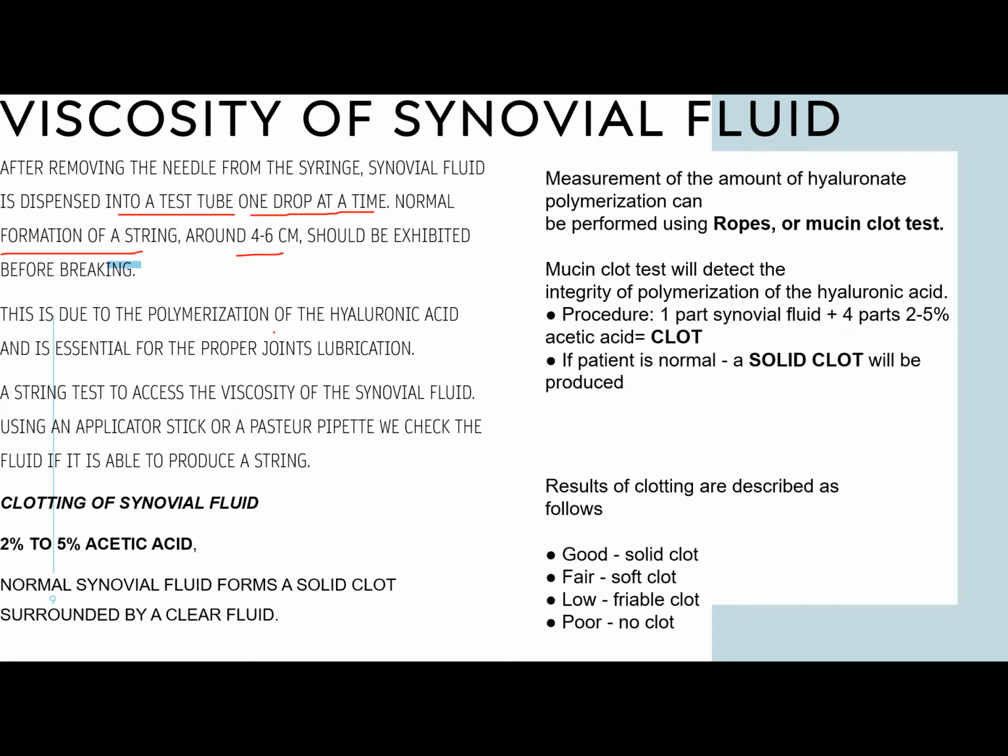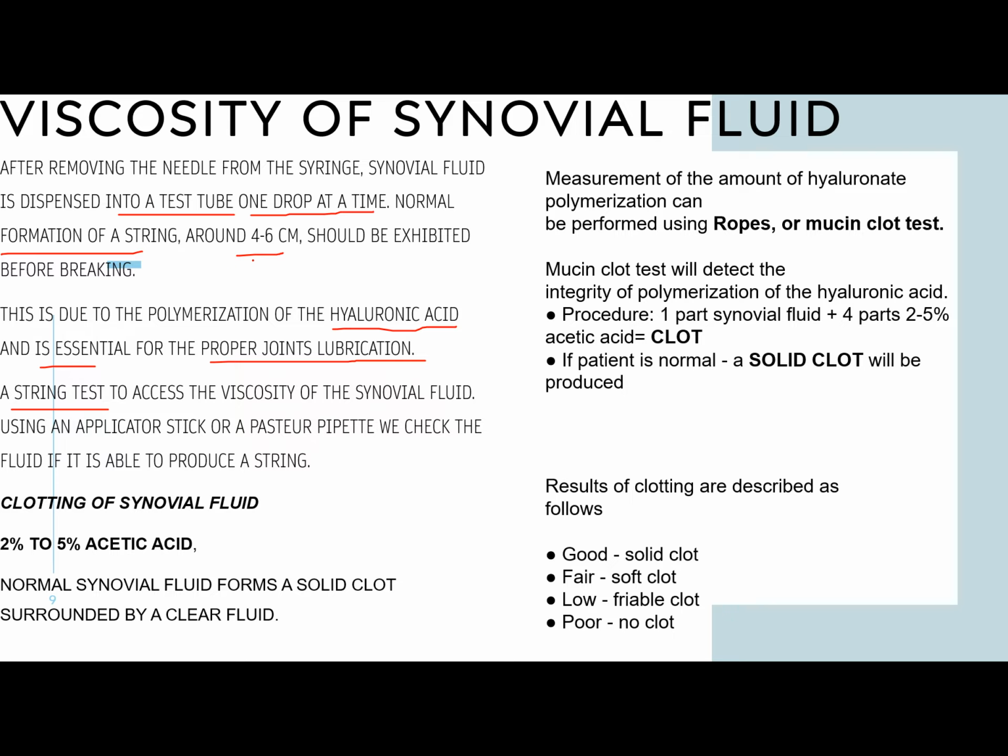The reason for this test is due to the polymerization of the hyaluronic acid, which is essential for proper joint lubrication. So again, to explain, whenever the doctor collects the synovial fluid, he will perform what we call a string test. You continuously drop the synovial fluid into a test tube until it forms a string.